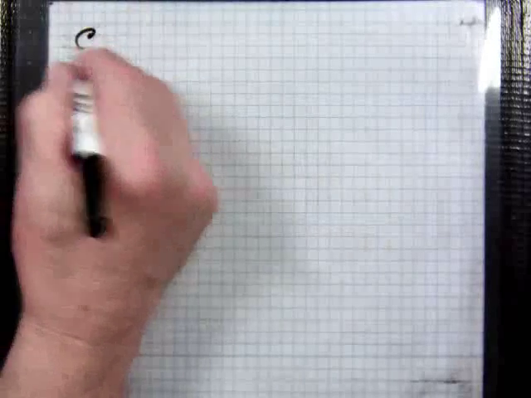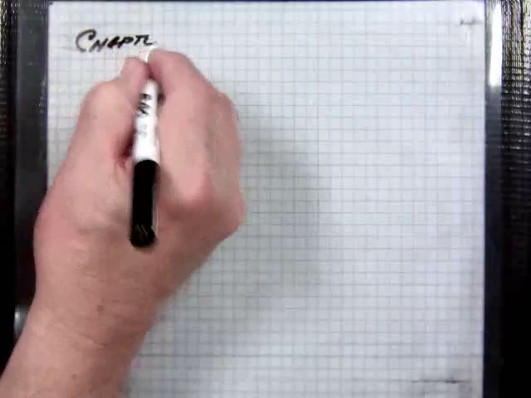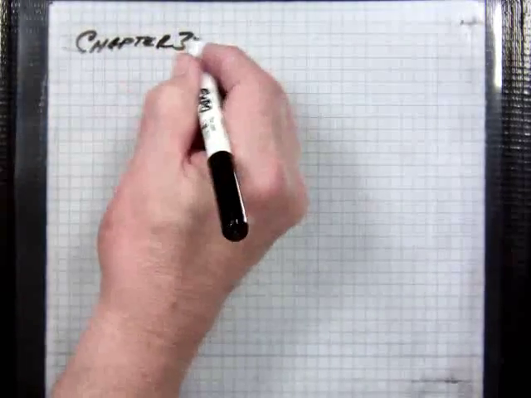So when we talk about chapter 3, we're talking about chemical equations and chemical reactions.